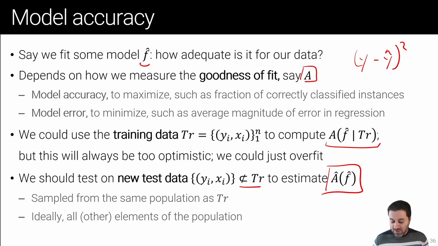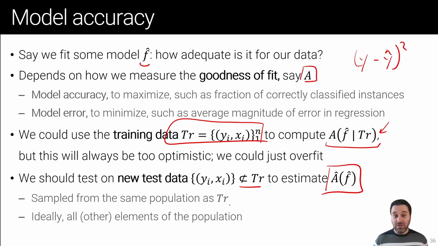So not the accuracy of the model on the training set, or on any data set at all, but just the accuracy of the model for the hypothetical population from which we got this training set. And so this new test data, in principle, should be sampled from the same population as the training set, right? And ideally, it should be all the other elements in the population.